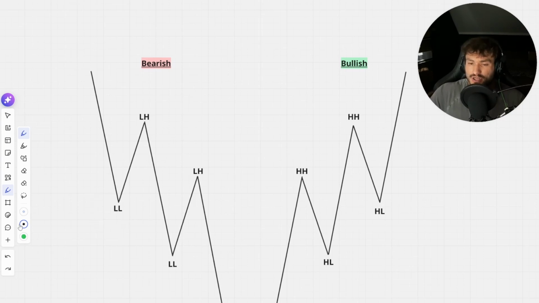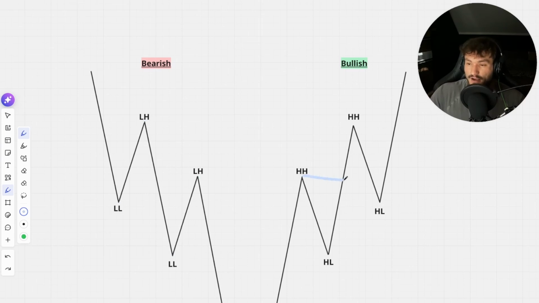Market structure essentially is lower lows, lower highs, and higher highs, higher lows. Now, we have 2 different types of market structure. We have bearish and we have bullish market structure. Whenever there are lower lows and lower highs being created, we are in a bearish order flow, a bearish market.